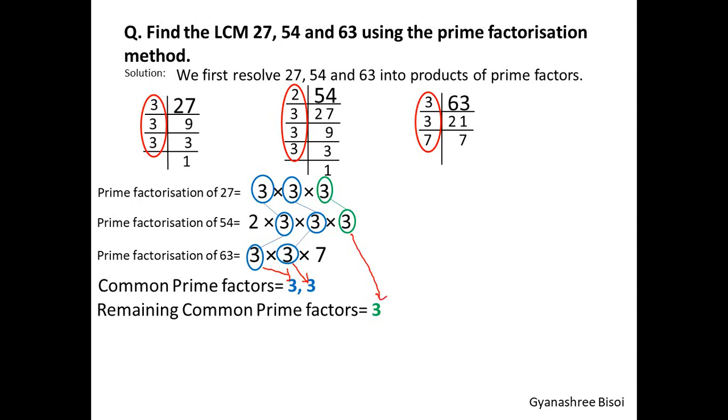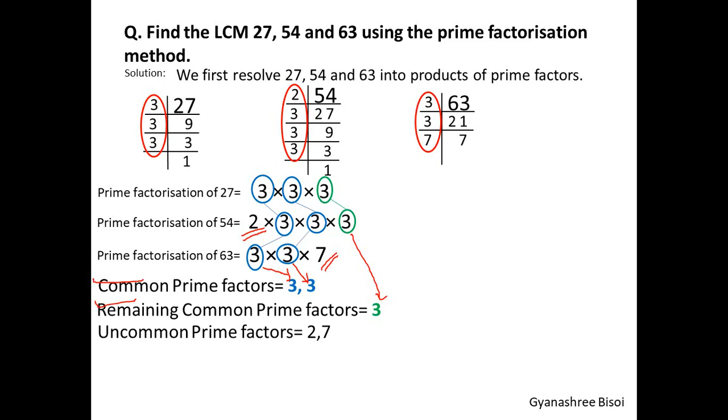So first of all we will write the factors common in 3 numbers. Next we will write the common prime factor in the factorization of 2 given numbers, right? Now we will write the uncommon prime factors. So what are the uncommon prime factors? See, here we have 2 and 7. They don't have any common factor, right? So the uncommon prime factors equal 2, 7, right?